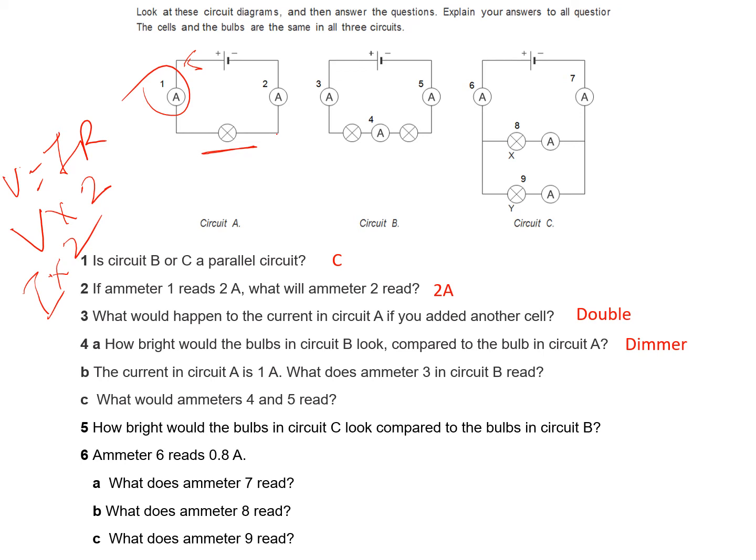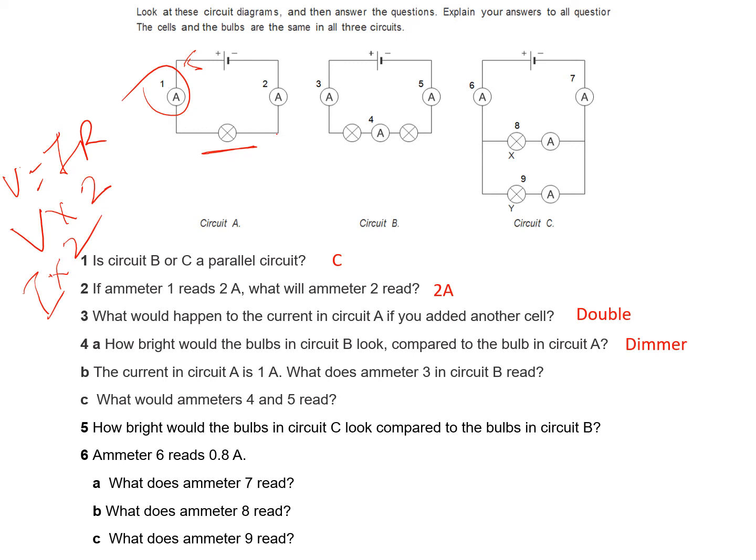Then, if the current in circuit A is 1 amp, what does the ammeter in circuit B read? In circuit A, we had only one bulb or one resistance, and that time the current was 1 amp.